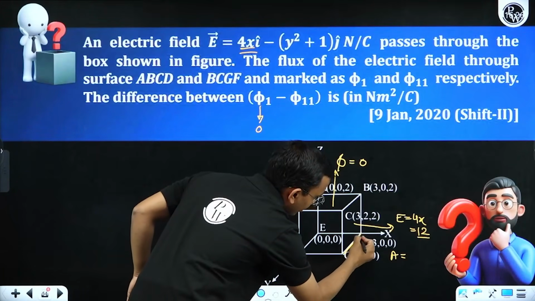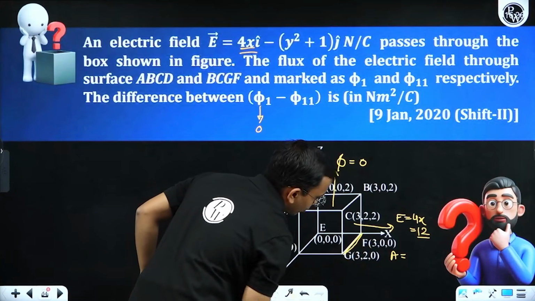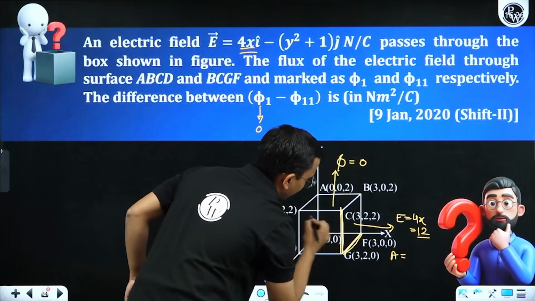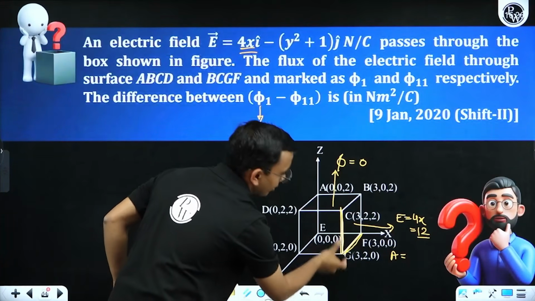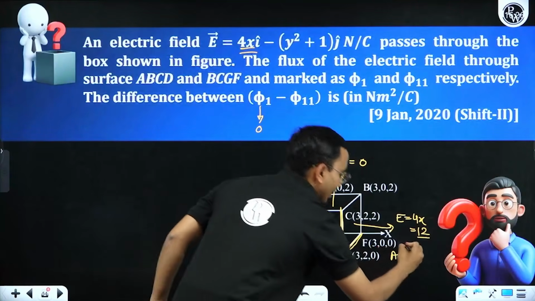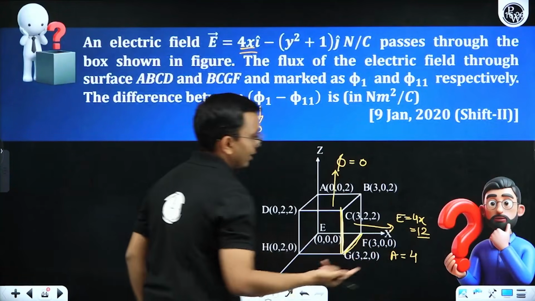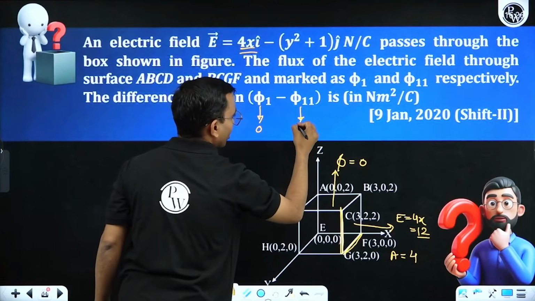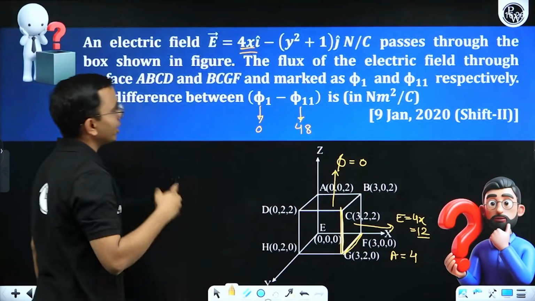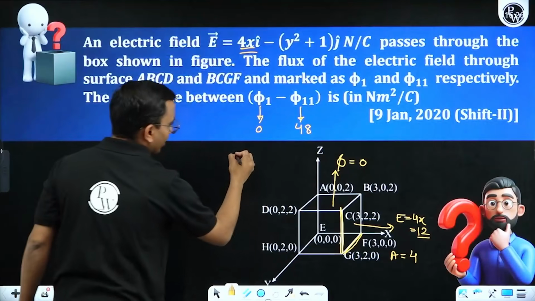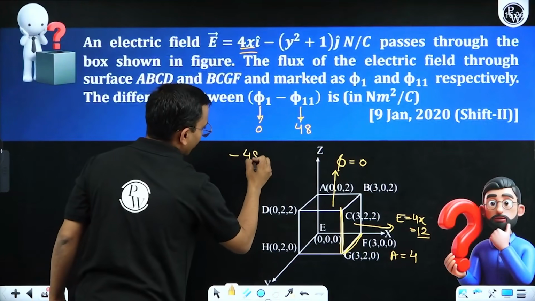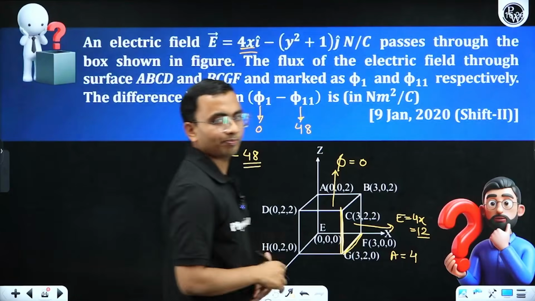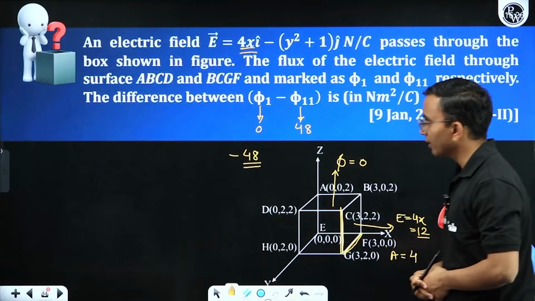This side is along y, so this is 2. And this side is along z, that is also 2. So area is 4. Flux E dot A will become 12 into 4, 48. So if you subtract that, it comes out to be minus 48 in Newton meter square per coulomb. Got it?